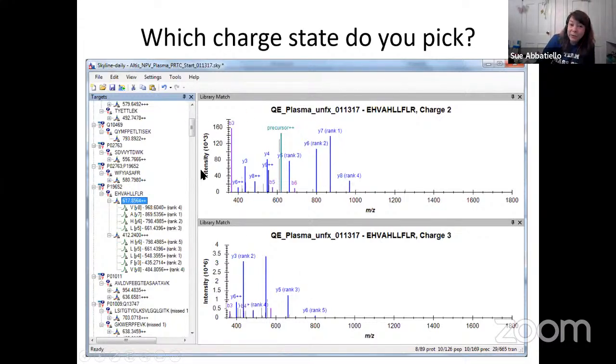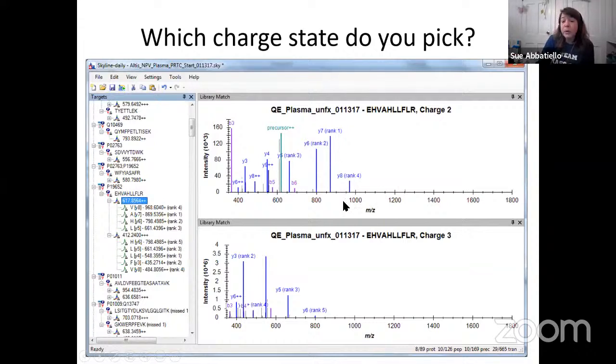But if you look at the scale on the +2 and the +3, the +3 is 1 million and more signal, whereas we are at 1 million and less for the +2, even though it generates more product ions. This is really one of those things where I don't know what to do. Initially, I might keep both of these, and then when I get it into an actual targeted workflow, get rid of one of the charge states.